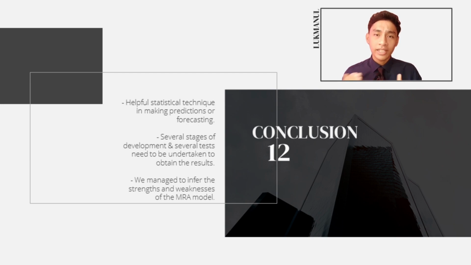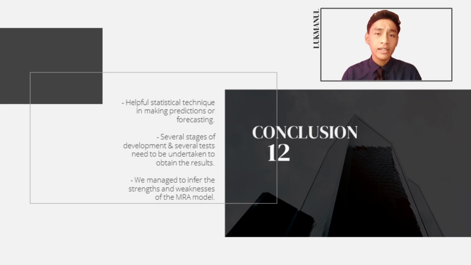And at last, we managed to infer the strengths and weaknesses of the MRA model. From our analysis, it shows that the data of independent variables are very crucial to build the model. The model is more accurate when every independent variable is associated with the dependent variable.